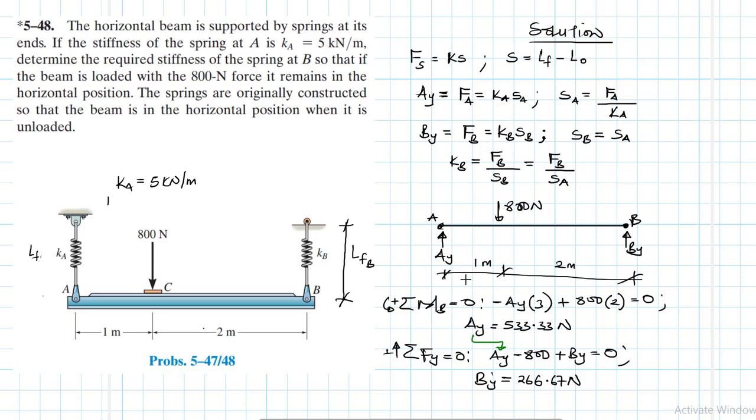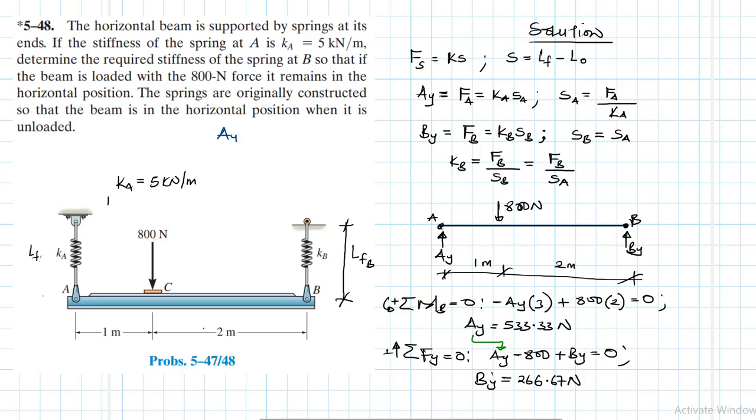Like I said, these forces are going to be equal to the spring forces. So I'll replace my AY there to find what SA is, the stretch. And later on, I'm going to use BY in those equations. So what I should do is quickly write down this information here.